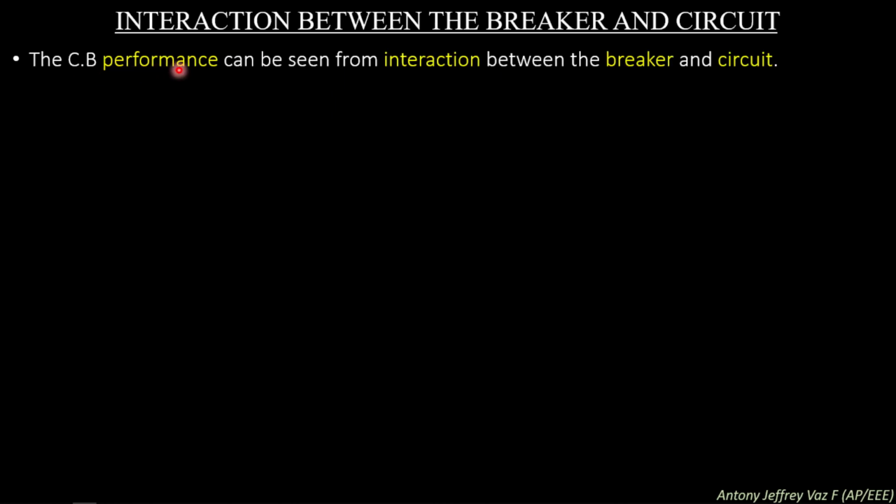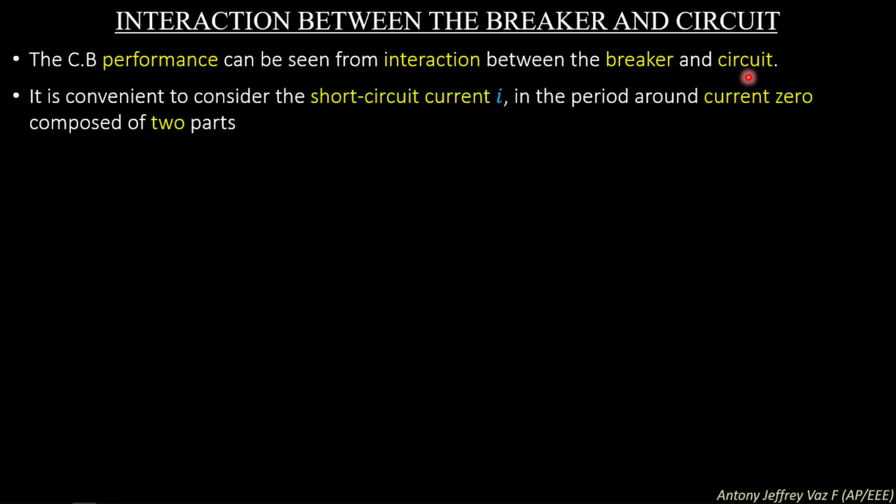The circuit breaker performance can be seen from the interaction between the breaker and the circuit. It is convenient to consider the short circuit current I in the period around current zero as composed of two parts. So, if a short circuit occurs at this time, the total current generated by the generator comprises two parts.